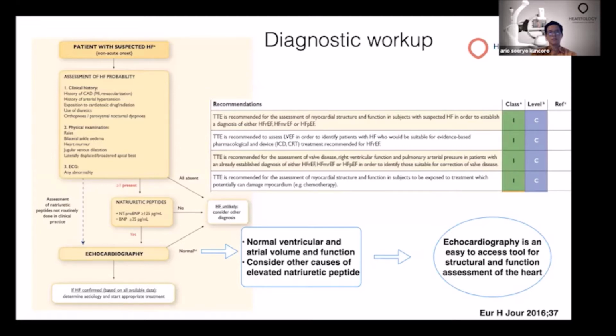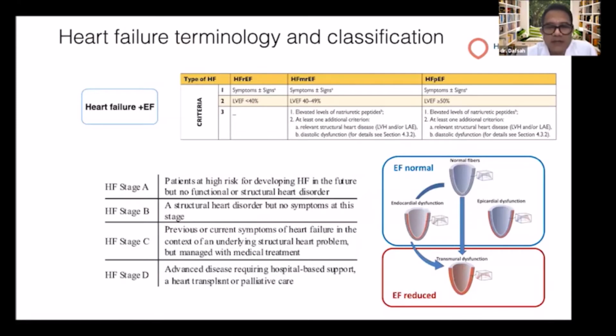So I guess these are just examples of how echo parameters are able to tell us the prognosis of the patients, and it is based on the etiology or the pathophysiology of the disease. I hope that answers your question, Dr. Da.